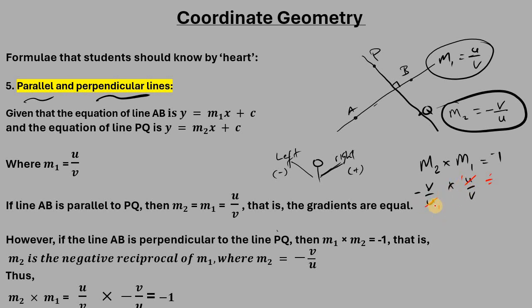Whatever number that is, it will be the same in the numerator and the denominator, so they cancel. v into v is 1, and v into v is 1. So 1 times 1 is 1. And a negative number times a positive number will be negative. So we end up with -1. So when you multiply the gradients of two lines that are perpendicular, you get -1.